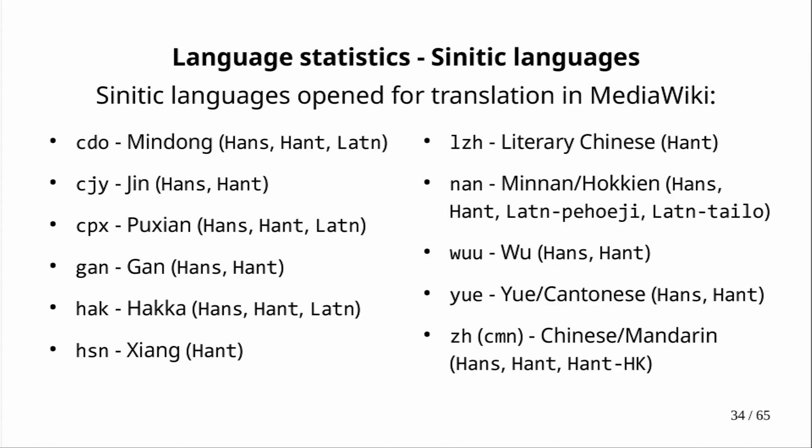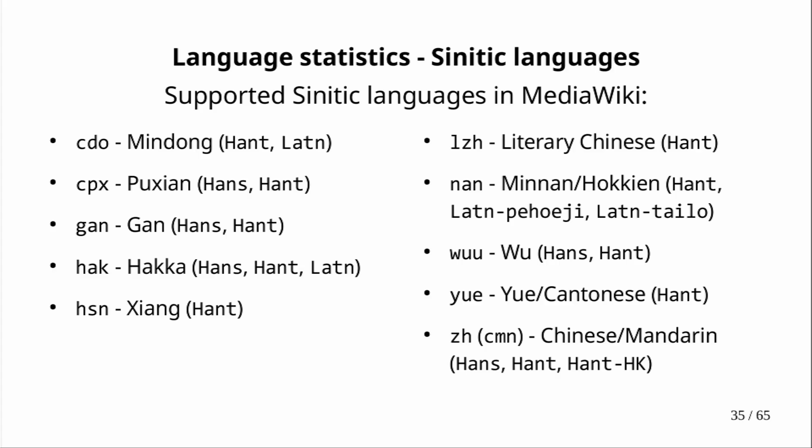However, not all of them were exported. As you can see in this graph, most of them have a simplified form and a traditional Han form, and some have specific cases like Latin for Mindong, Puxian, Hakka, and Minnan. Yeah, Hokkien.